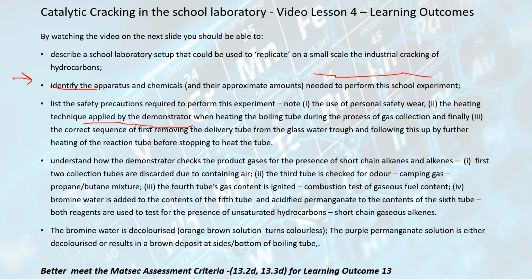So the mineral wool is being used as a substrate in order to soak up the paraffin oil. The paraffin oil, as you will see from the video, is being heated in the presence of the catalyst. The catalyst is the broken pieces of pot or the pumice stone. As you will note from the video, from what the demonstrator says, most of the time she is heating up the catalyst and just glancingly heating up the fuel.